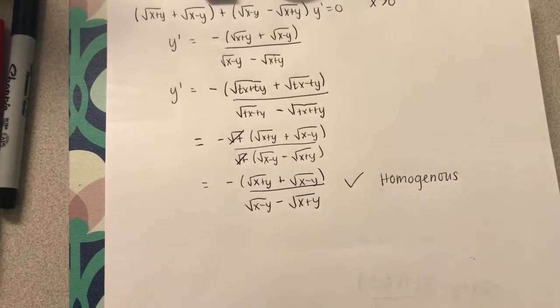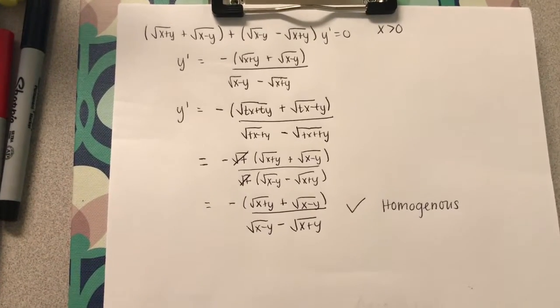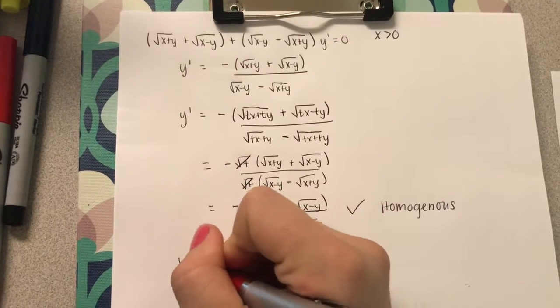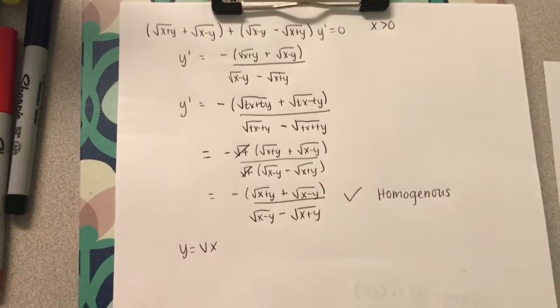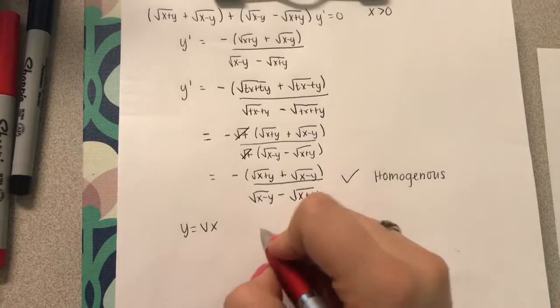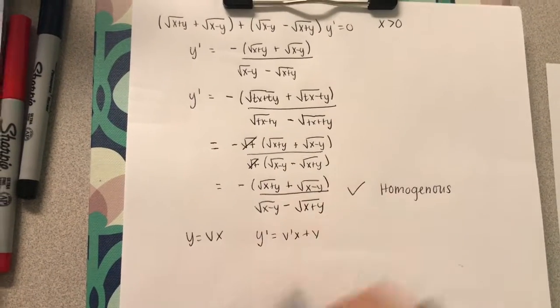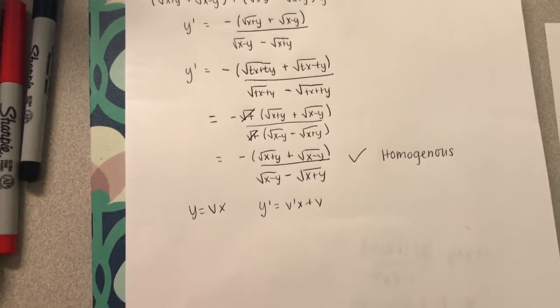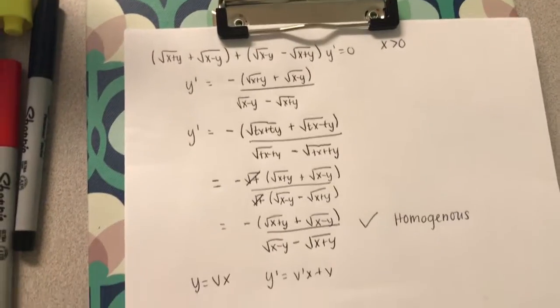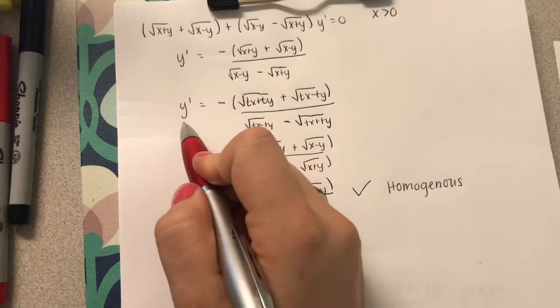So now here we're going to introduce v's. We're going to say y is equal to vx. And I'm also going to take the derivative of that, so y prime is equal to v prime x plus v. Now I'm going to plug these values into my original equation where I solve for y prime.